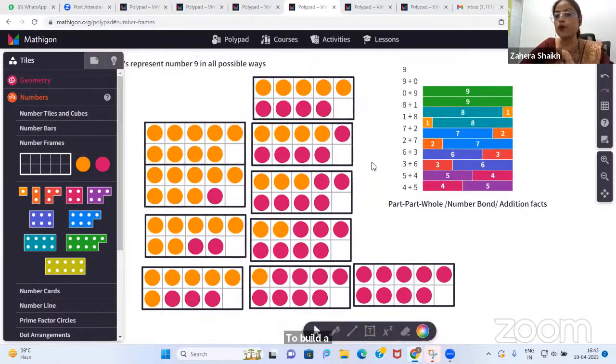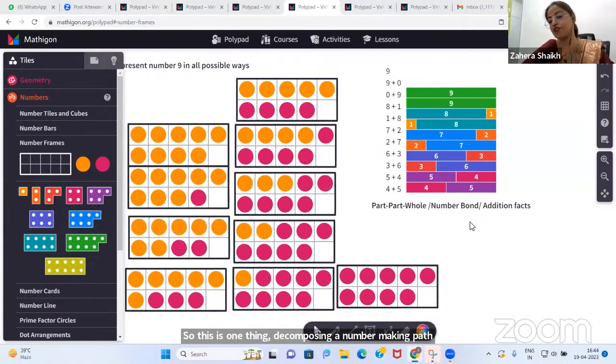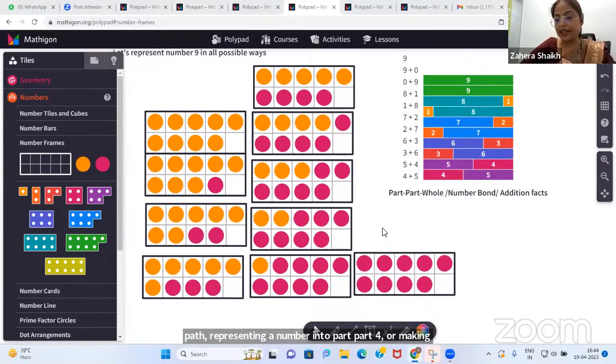So this is 9, only number 9. So here it is also clear how many different combinations they can make for a number, right? So this is one thing: decomposing a number, making parts, representing a number into part-whole, or making a number bond, or we can say this is nothing but all the addition facts of your number 9.